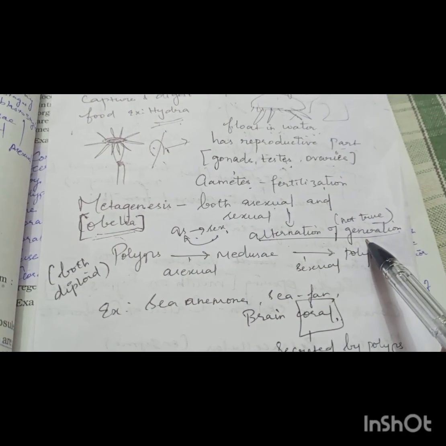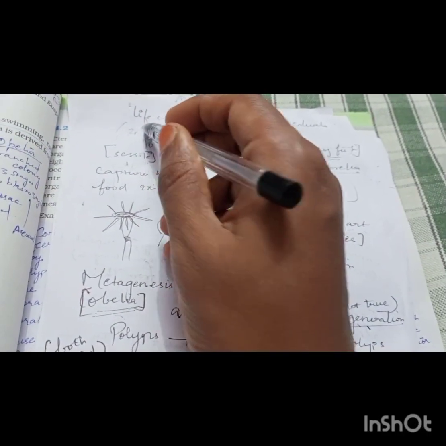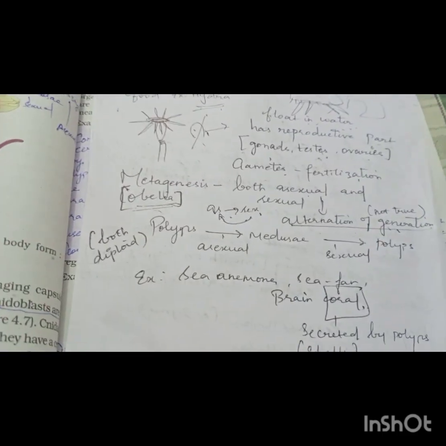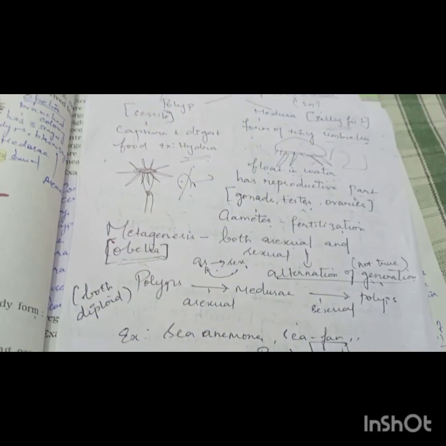generation. But here both these polyps, this polyps are also diploid, and this medusa is also diploid. Previously in plants we have seen the gametophytic phase is haploid and the sporophytic phase is diploid.